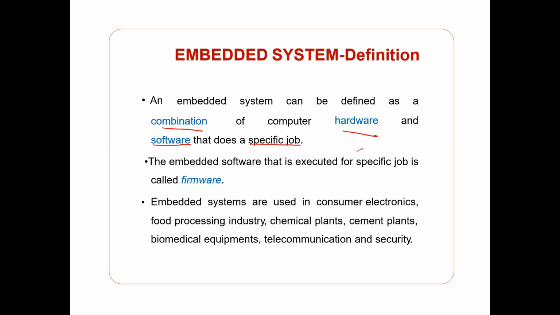That is the basic definition of an embedded system. In simple terms, an embedded system is a computer which has both hardware and software related to a specific job to perform.